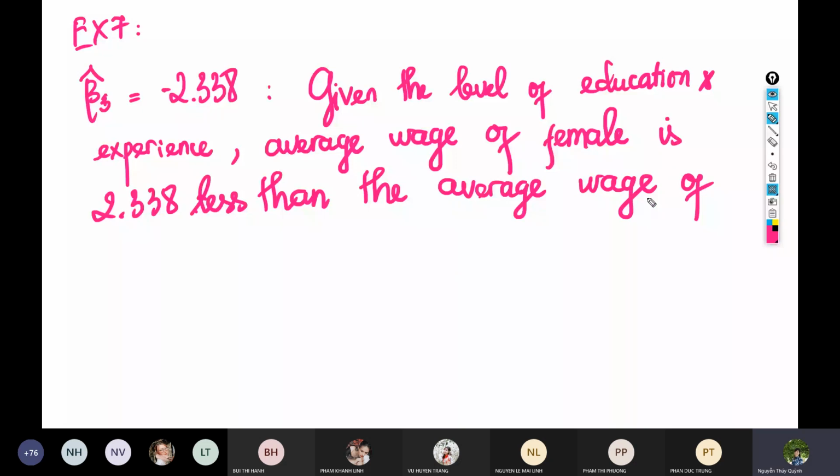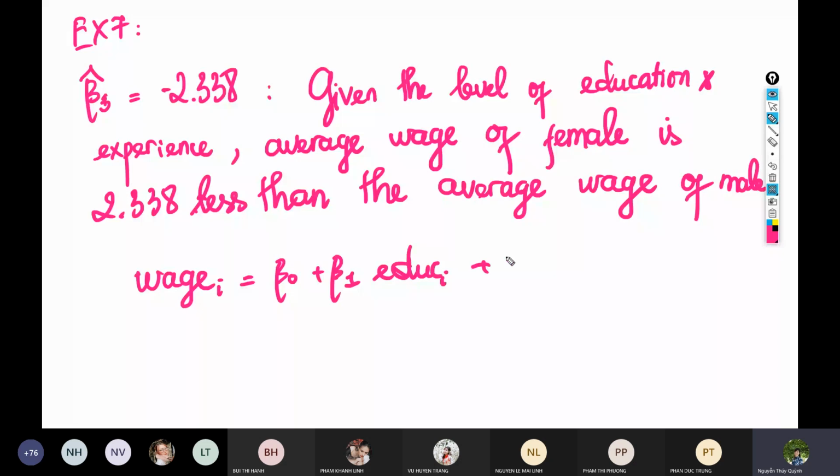You can see that from the population regression model. We have the population regression model: wage equals beta 0 plus beta 1 times education plus beta 2 times experience plus beta 3 times sex plus u_i.